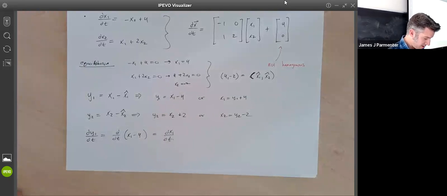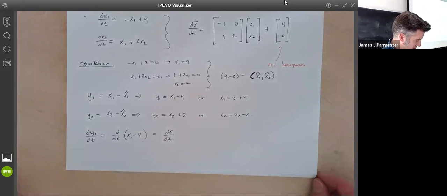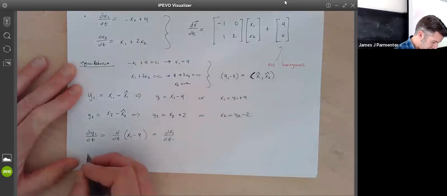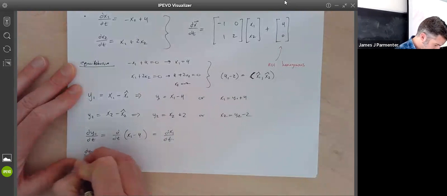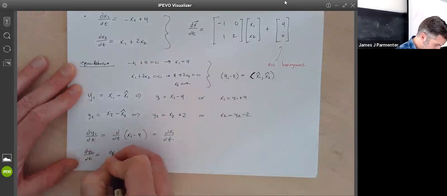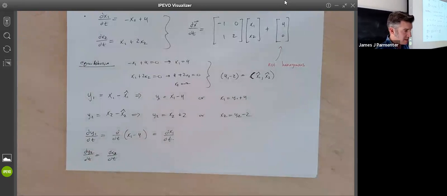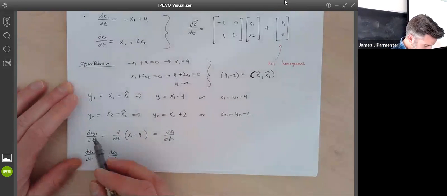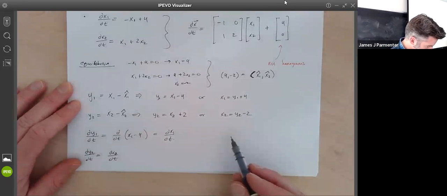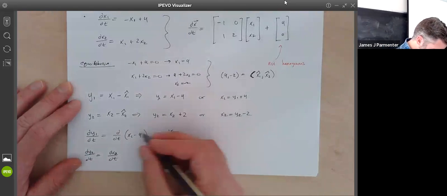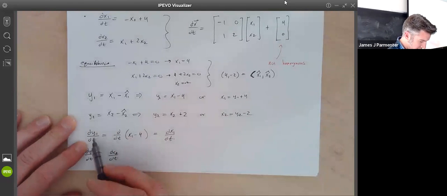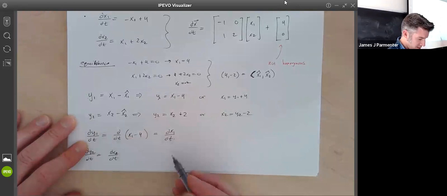So dy1/dt is equal to dx1/dt, and similarly, dy2/dt is equal to dx2/dt. So essentially we have the same system of equations, but we also need the following.